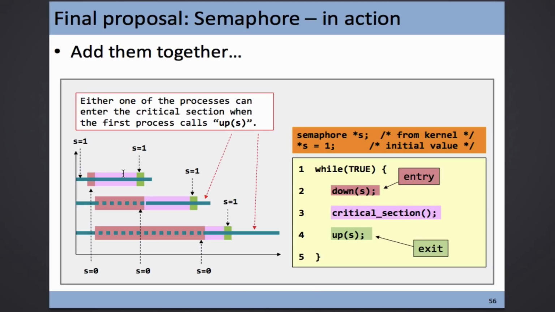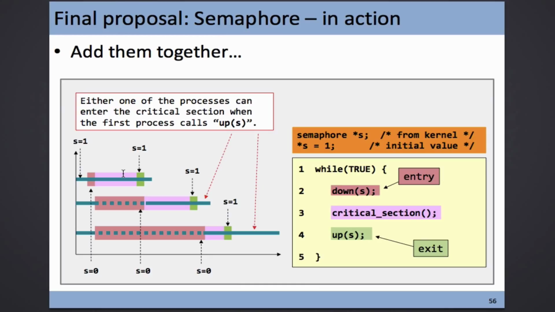You said you understand. Okay, so what will happen if we use the up call and down call to implement entry and exit? The code will become something like this. Down is the lock, up is the unlock, and with the initialization value of S equal to 1, we call it a binary semaphore, either 0 or 1.